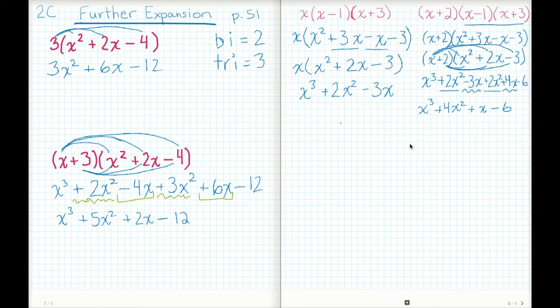You might have noticed when we do a single number by a trinomial, we end up with 3 terms. 3 little bits multiplied or added together. If I do 2 terms by 3 terms, then I end up with 1, 2, 3, 4, 5, 6 terms.